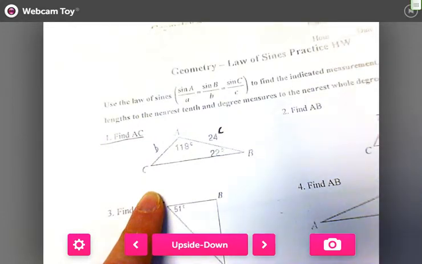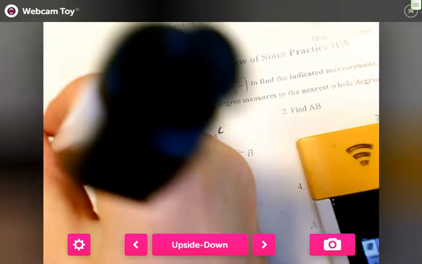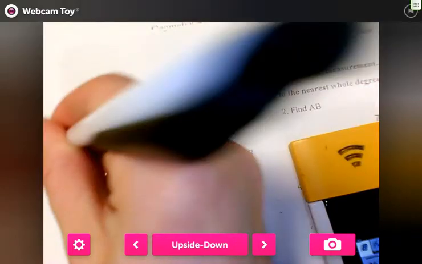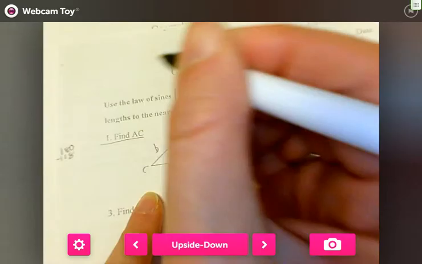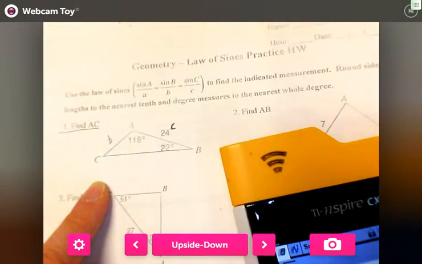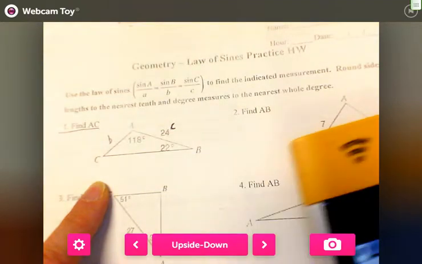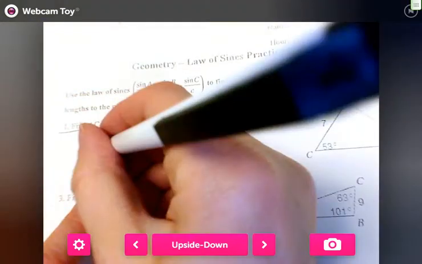Do I have the two other angles? So how would I find that third angle? I would go 180 minus 118 minus 22. And I get 40 degrees right here is C.